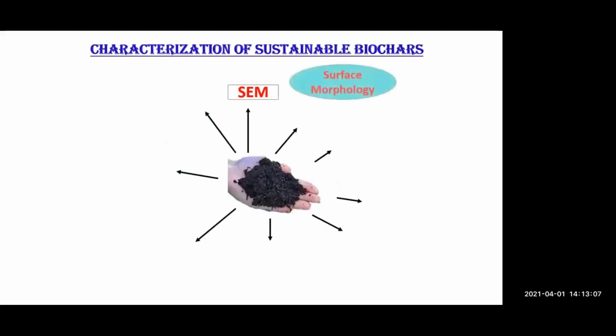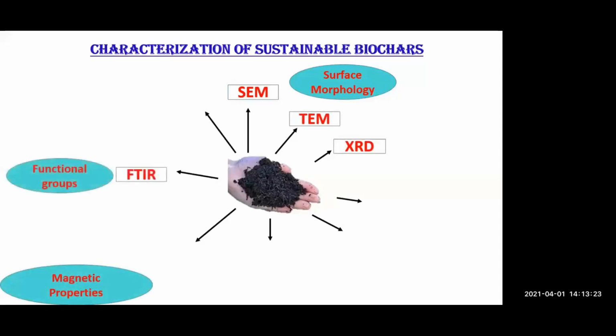Characterization: the developed biochars are characterized for a variety of physicochemical and morphological properties, such as SEM and TEM, which are used for the surface morphological evaluation of the biochar. FTIR is used for estimating the various oxygen-containing and other functional groups on the surface of the biochar.